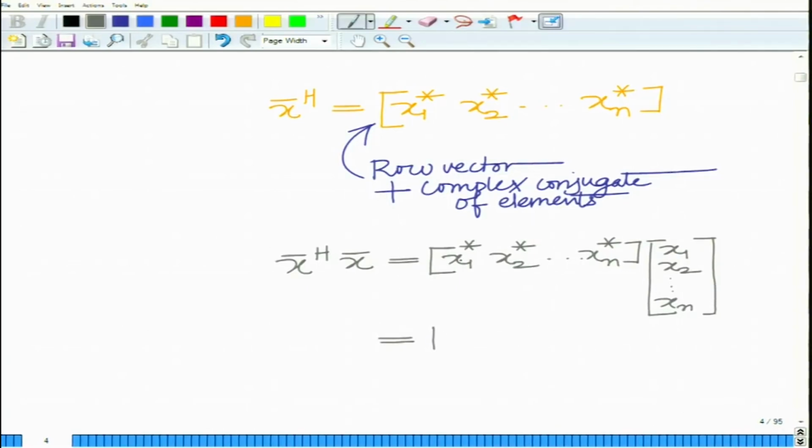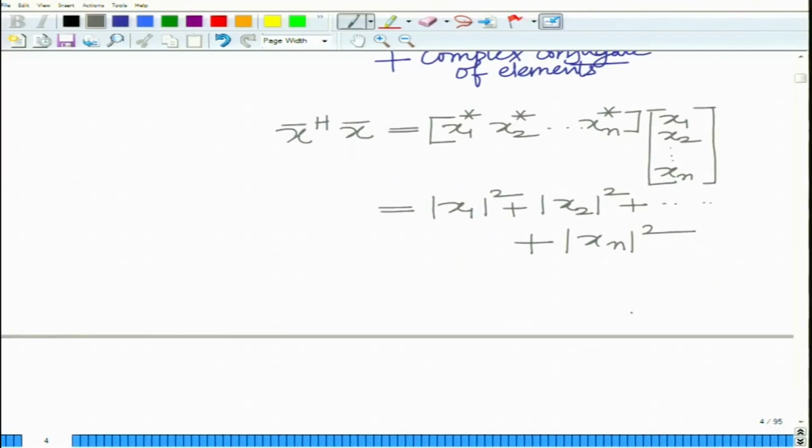Look at this is the x1 conjugate into x1, that is the magnitude x1 square plus magnitude x2 square plus so on up to magnitude xn square, which is once again this is equal to the norm, in fact the L2 norm of x bar square. You can also write a 2 in the subscript to indicate that is the L2 norm.